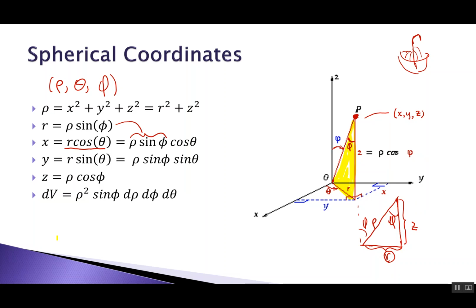From polar coordinates, y is equal to r sine theta, but again, r is equal to rho sine phi, so y is equal to rho sine phi sine theta. And then finally in this picture, here's my z value, and z is equal to rho cosine phi in this triangle, just using SOHCAHTOA. So z is equal to rho cosine phi.